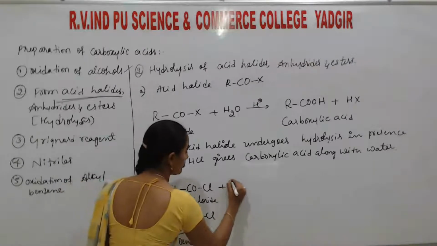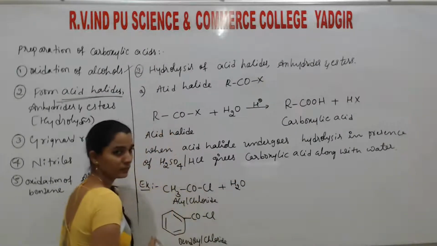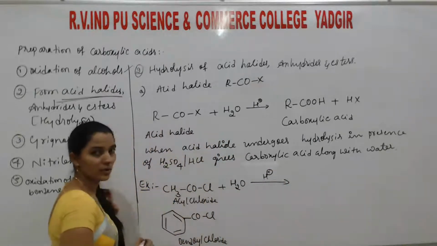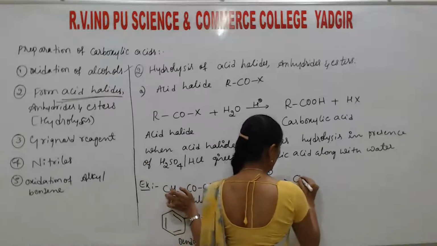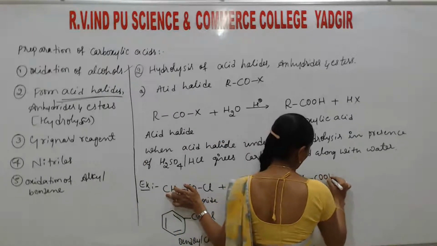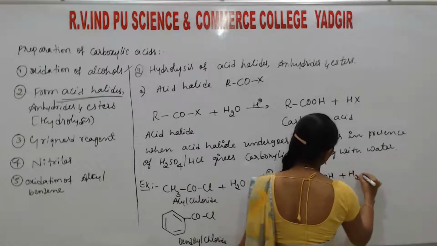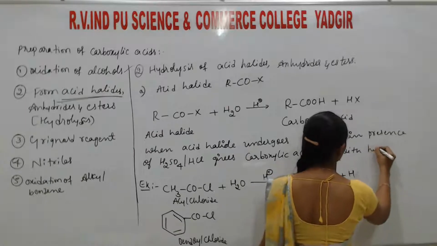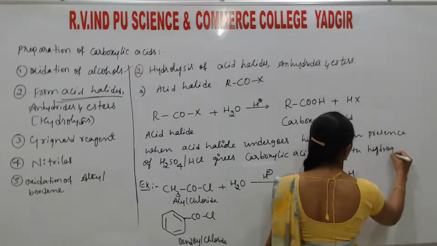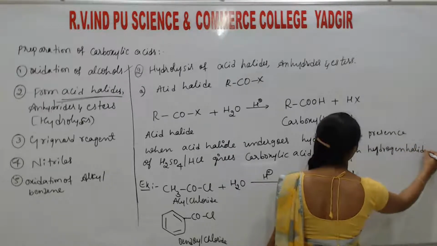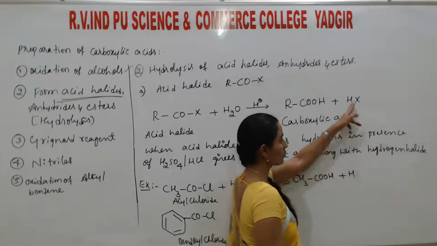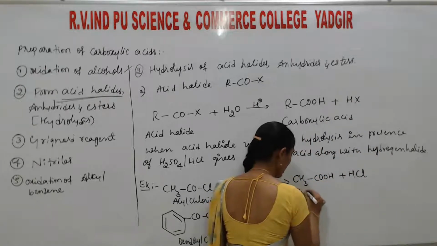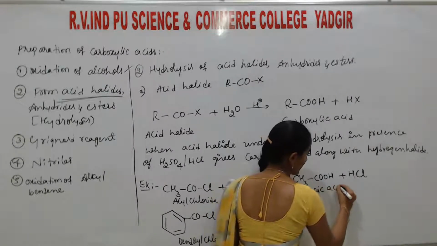So when they undergo hydrolysis, in presence of what? Acid. H plus means acid. So this one will form CH3COOH plus HCl, along with hydrogen halide. I wrote water, it's not water, it's hydrogen halide. So it forms HCl. This one is what? Ethanoic acid.